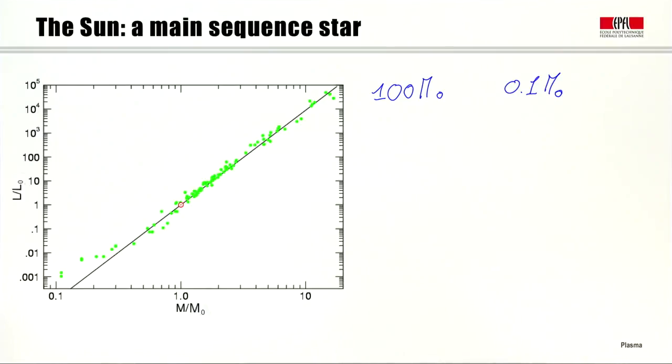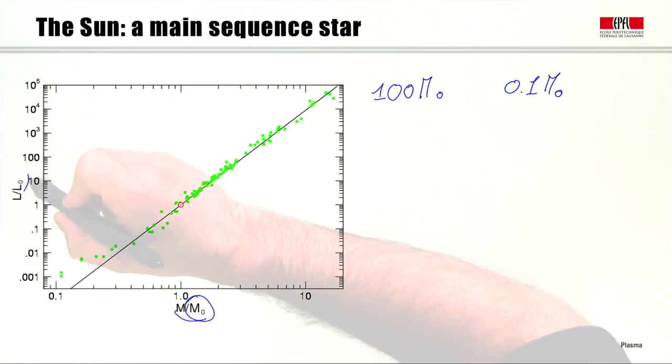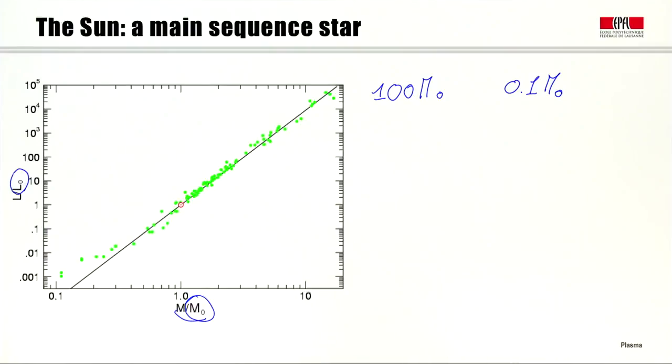An interesting property of main sequence stars is that they follow well-defined empirical laws. One such law is shown in this plot here, where the star luminosity is shown as a function of the star mass. This is a logarithmic plot, and we are using normalized units, where the mass of the star is normalized by the mass of our Sun, and the luminosity by its luminosity.